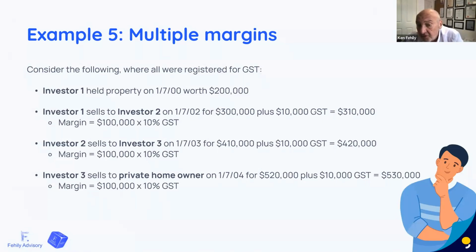Sold it for 520 plus GST, only paid tax on the margin of 100,000 he added. Now it's been sold for 530,000. If it was then sold for 830,000, GST would be payable on 830 less 530, which is 300,000. GST has already been collected on the first 530,000.